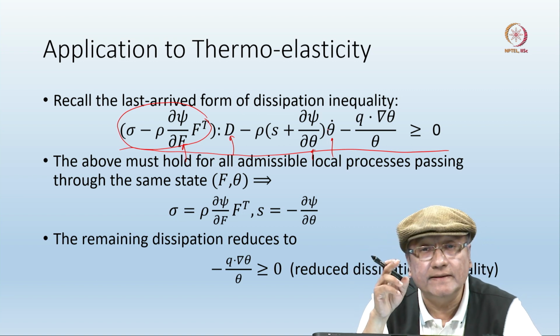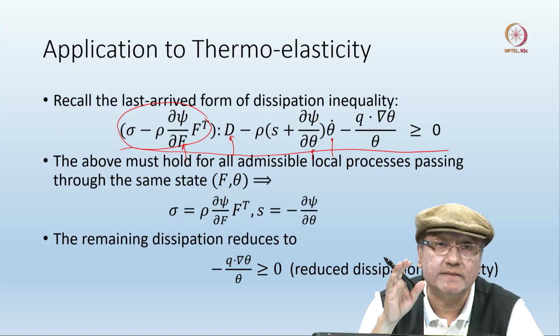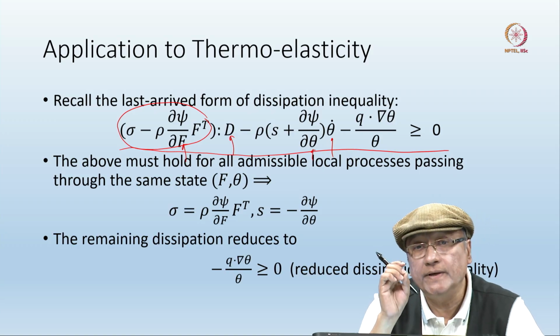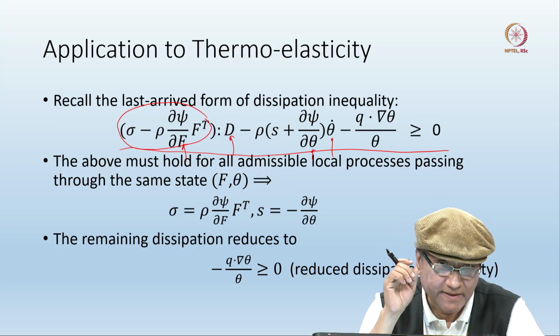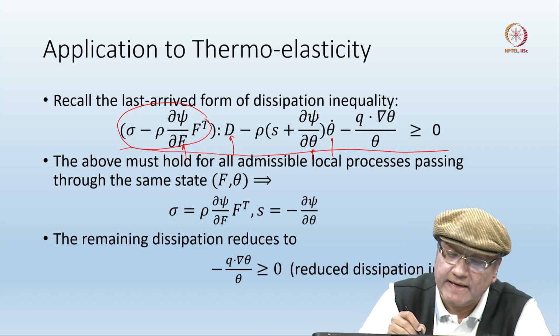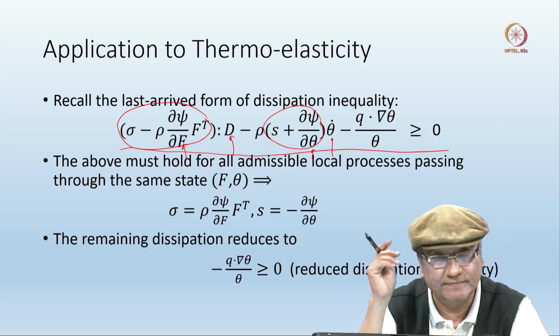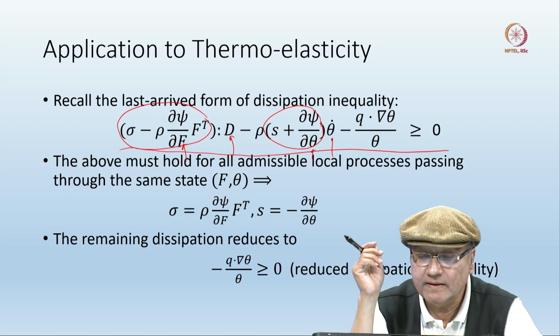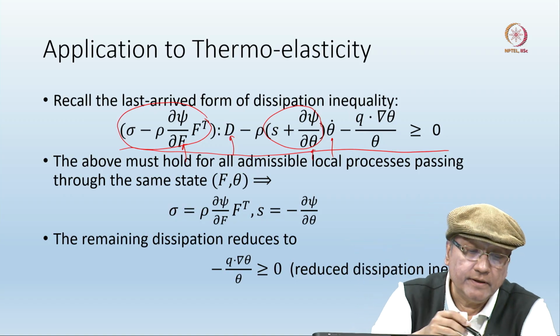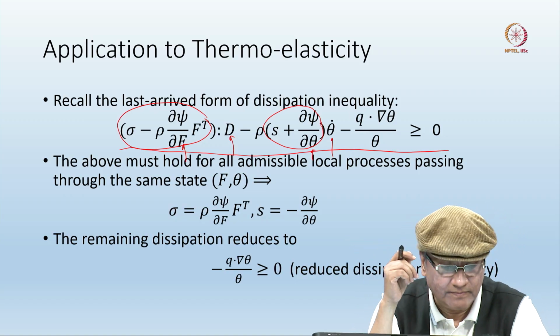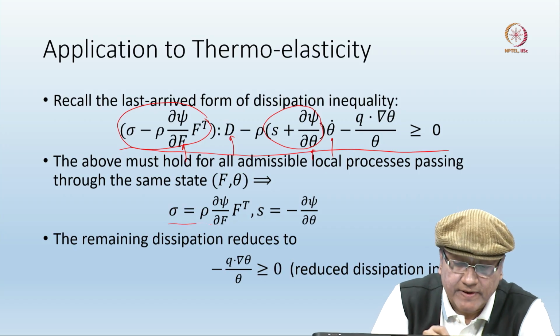If you understand this, then you have actually grasped the basic idea behind the Coleman-Noll procedure. The basic idea here is that this circled thing has to be equal to 0, correct. So we have got something very useful: the stress strain relationship.